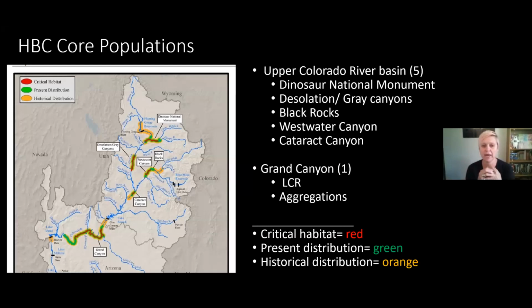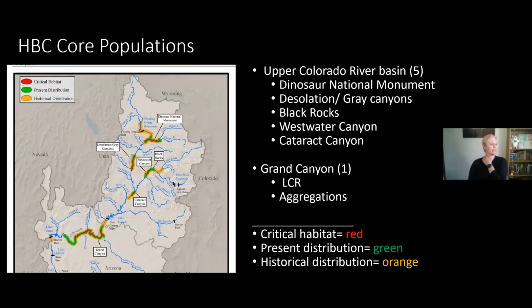And then also some aggregations that are kind of spread throughout the rest of the river. And this map shows you in red the critical habitat designated when the fish were listed. Also, the present distribution is in green, and the historical distribution is there in red.